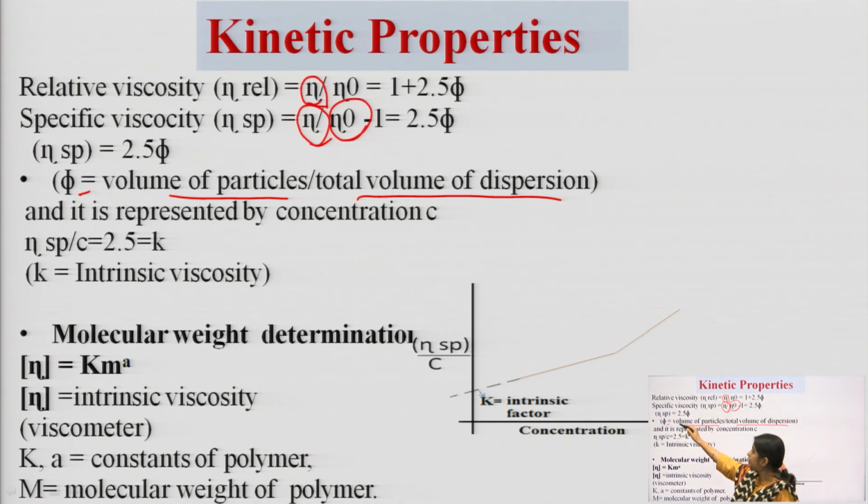So, the specific viscosity is equal to 2.5 phi, and what is this phi?